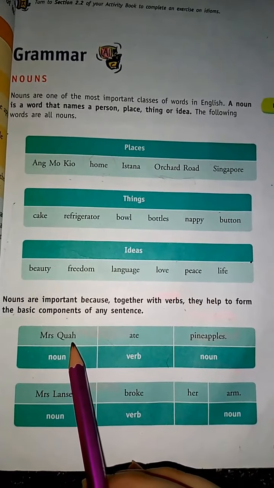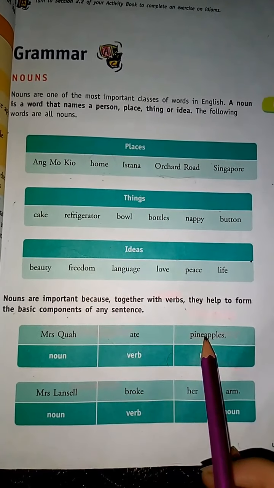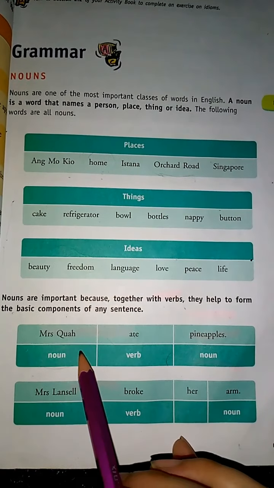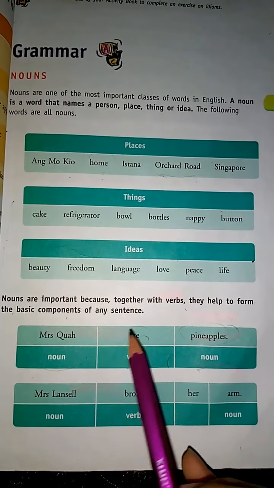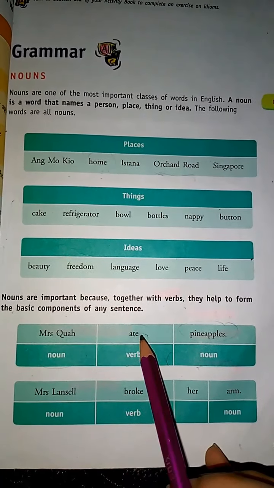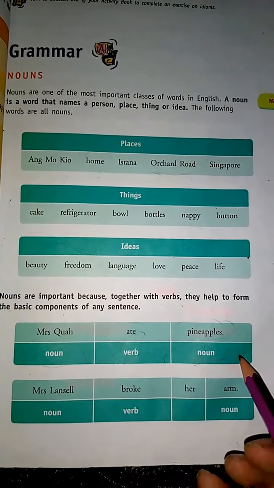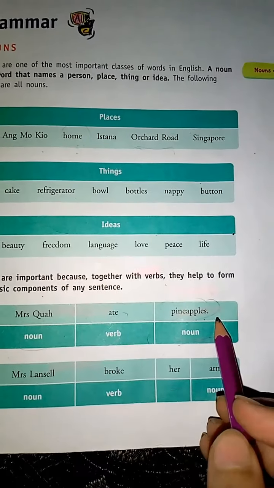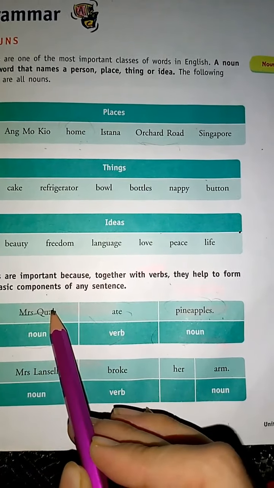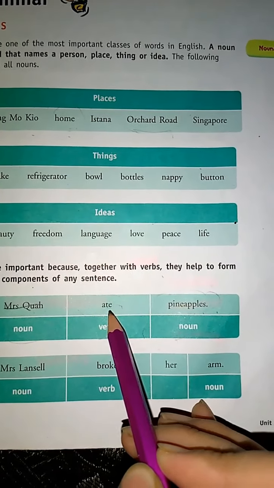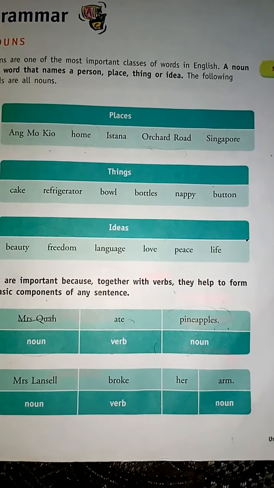Mrs. Qua ate pineapples. Mrs. Qua is a noun, ate is a verb, pineapples is a noun. For example, I will say Mrs. Qua ate, what did she eat? So I have to write what she ate. Or if I skip Mrs. Qua and only write ate pineapples, who ate the pineapples?